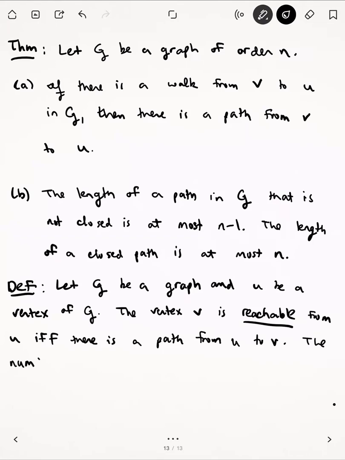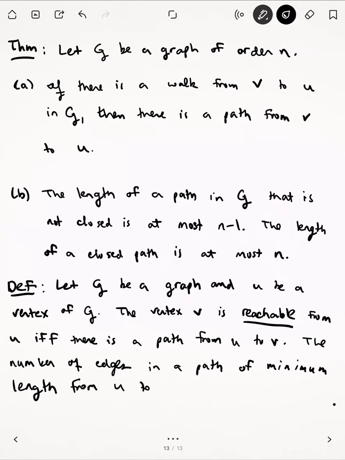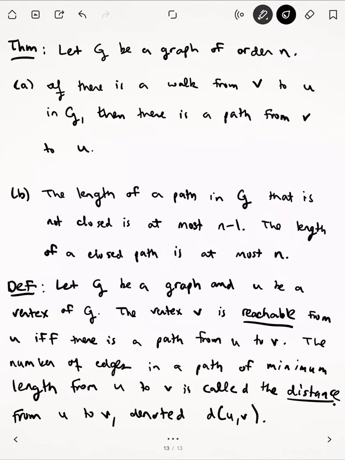The number of edges in a path of minimum length from U to V is called the distance from U to V, and we denote it d(U,V).